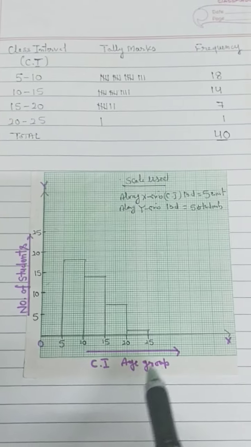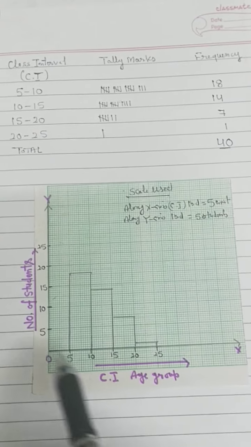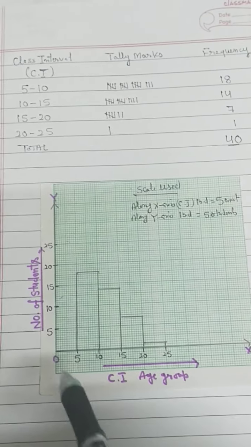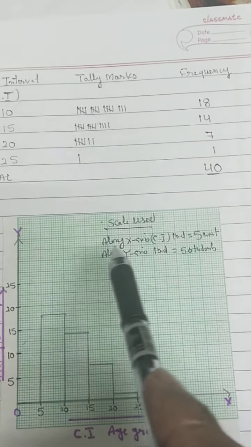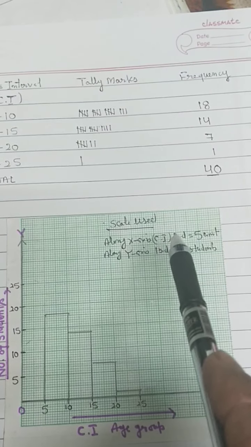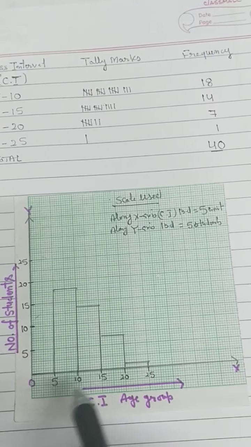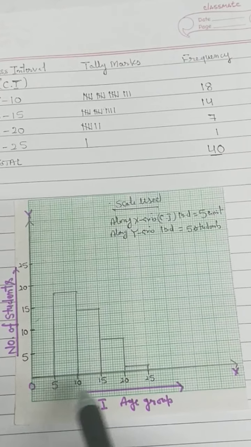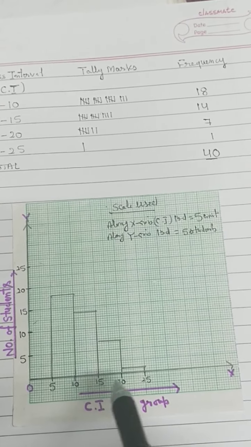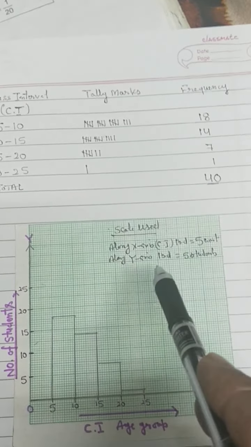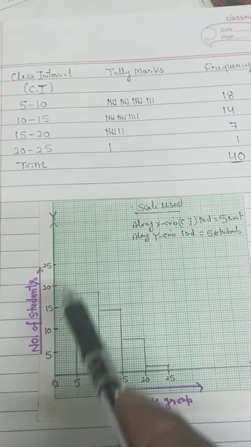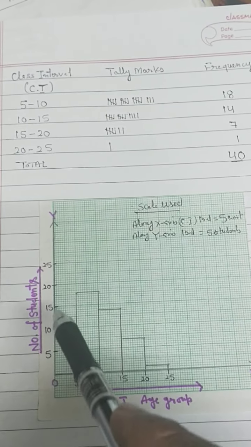And for the histogram, along the x-axis is the class interval, age group, and along the y-axis is the number of students. So you can take your scale. Along the x-axis, one big division is equal to 5 units: 5, 10, 15, 25. And along the y-axis, one big division is equal to 5 students: 5, 10, 15, 20.